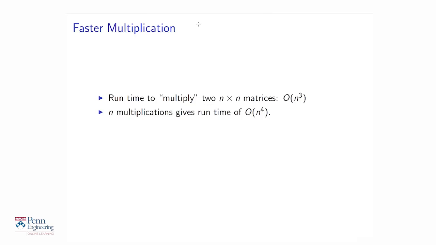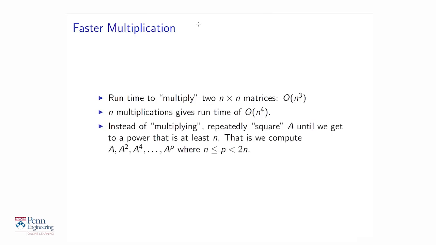Now, the way we've described the algorithm, we need n matrix multiplications. We've got to go from A to A squared, that's one multiplication, A squared to A cubed, that's a second multiplication, all the way up to n. So we'll need about n multiplications. This gives us a running time of order n to the fourth. That's not so great. Can we do any better?